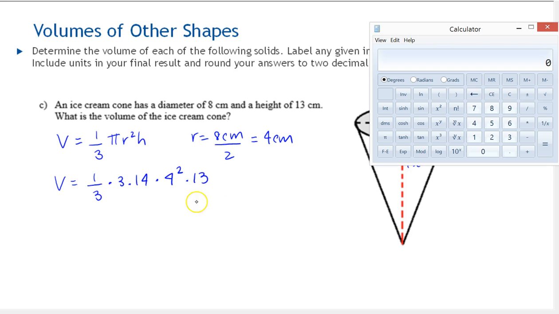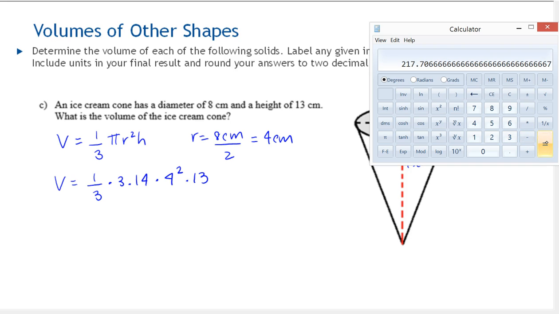Now we're going to compute this on the calculator. We're going to put it in one big step. So 1 divided by 3 times 3.14 times, you could put in 4 times 4. You can use the squared button on your calculator. So I will do 4 times 4 times the height of 13.